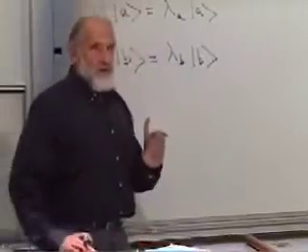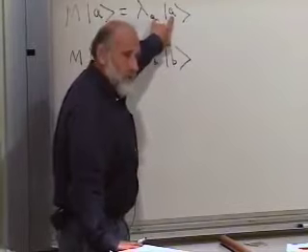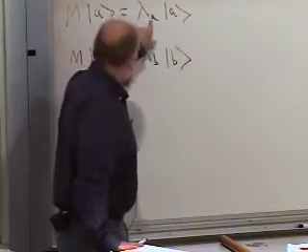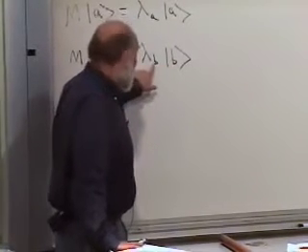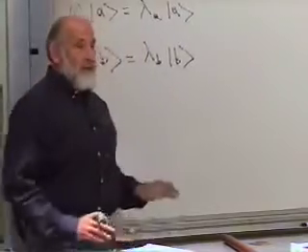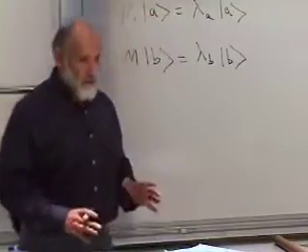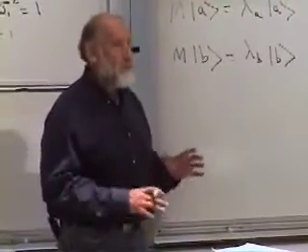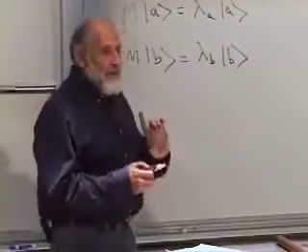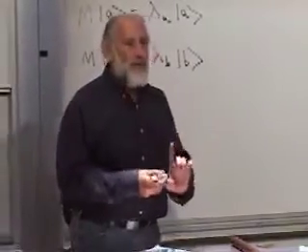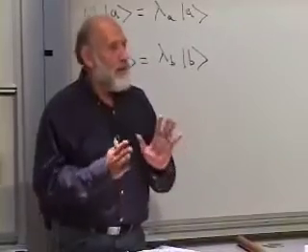Remember, the eigenvectors are the states in which you definitely measure lambda A. A is the state where if you make a measurement of M, you will get lambda A. B is the state in which if you measure M, you will definitely get lambda B. These states, which correspond to distinctly different measurable values of the same quantity, are orthogonal. That's the basic idea: orthogonal states are distinguishable, measurably distinct.